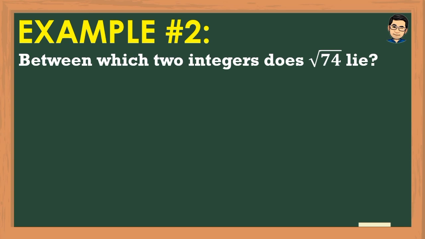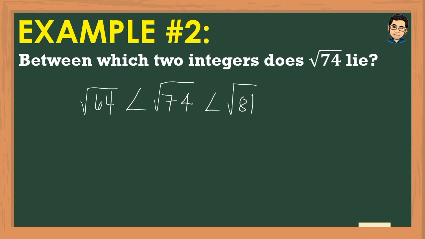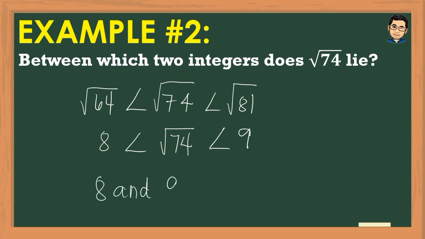So, sulat lang natin, square root of 74 is less than the square root of 81, but greater than the square root of 64. The next question, what is the square root of 64? That is 8. What about the square root of 81? That is 9. So, since consecutive integers lang naman ang hinahanap natin dito, so after ng 8, automatically, ang kasunod niya, 9. So, our answer, 8 and 9.